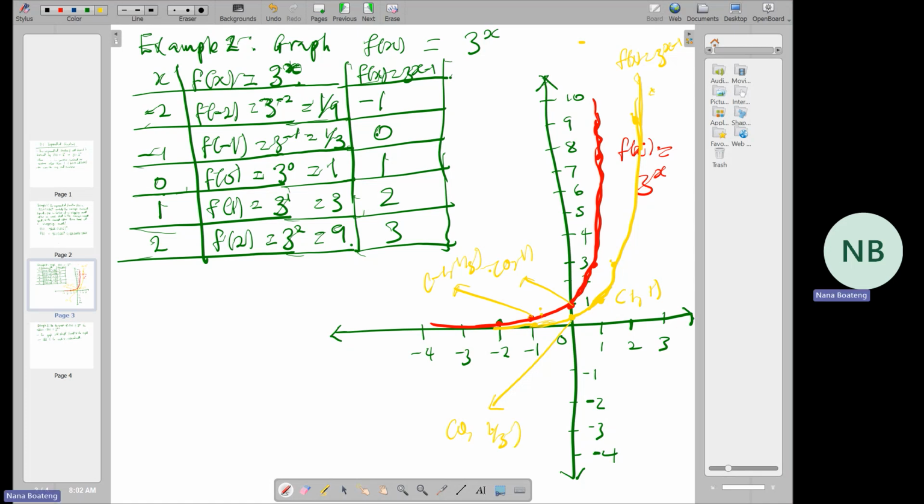So the x is shifted by 1 unit to the right, whereas the y coordinates all stay the same. All right, so let's continue.